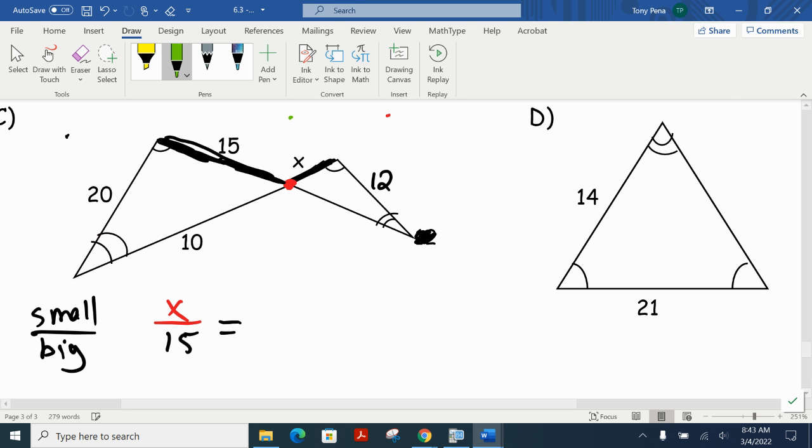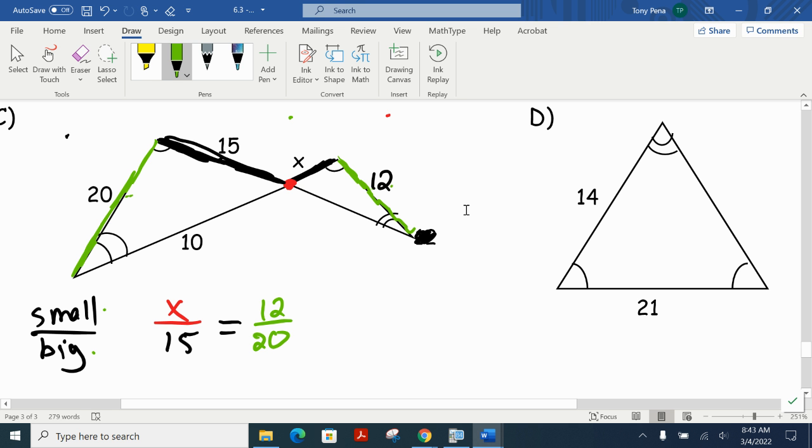the 2 sides that we know are the same: in this one we have the single arc to the double arc. The one over here that goes single arc to the double arc is here. So these 2 sides are congruent, or corresponding. I went small to big, so I have to put the 12 on top and the 20 on the bottom.